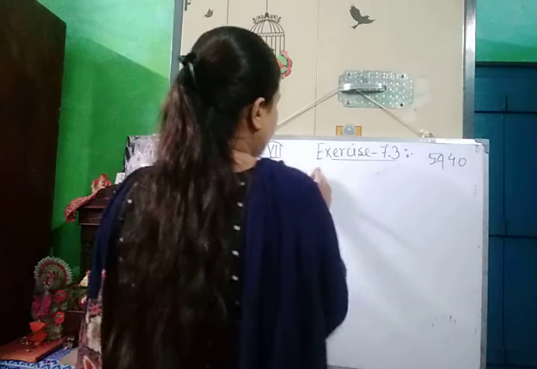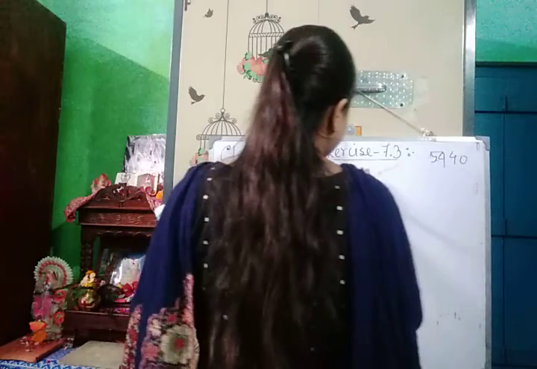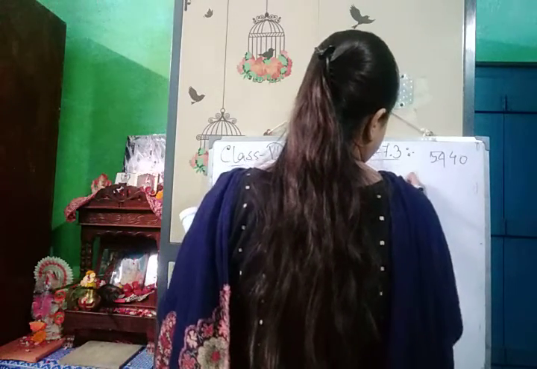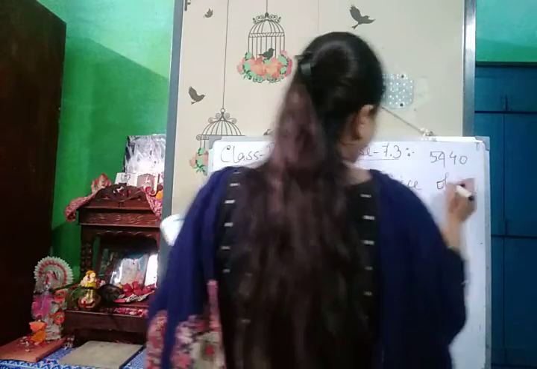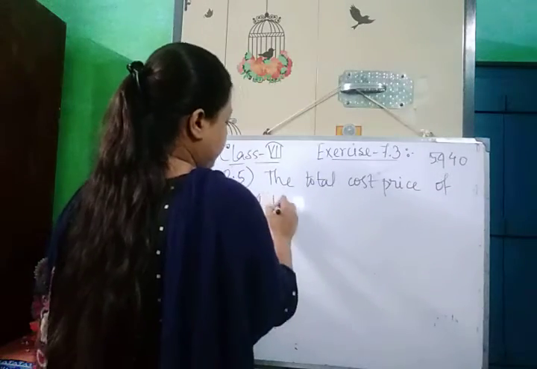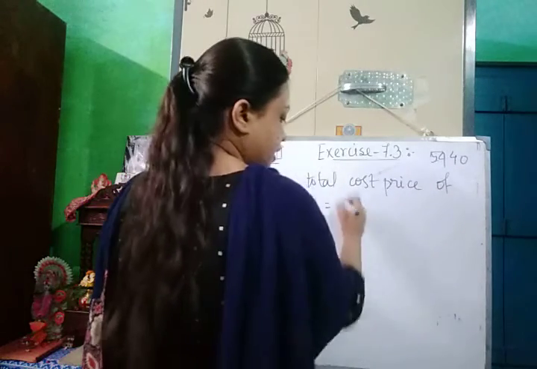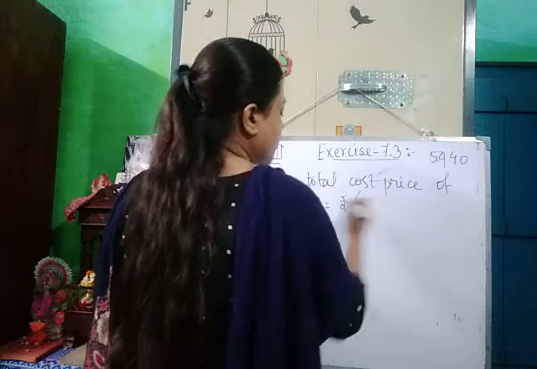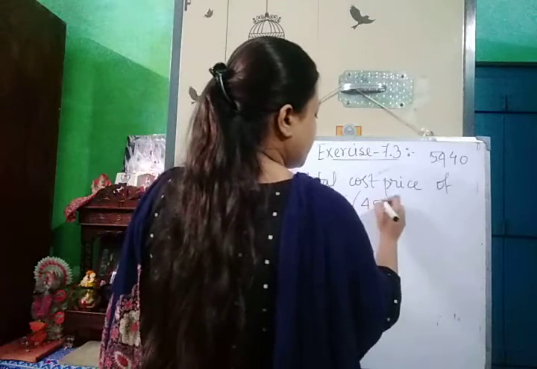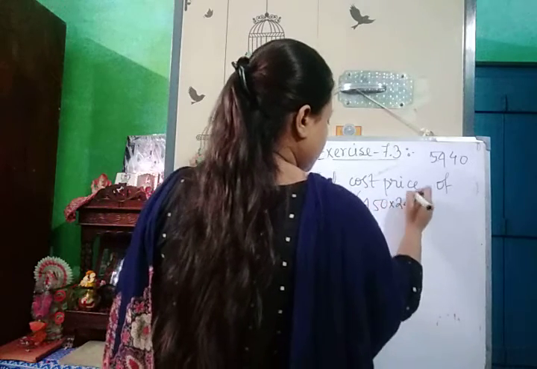The total cost price of 24 tables: if one table costs rupees 450, then the cost of 24 tables is 450 into 24.